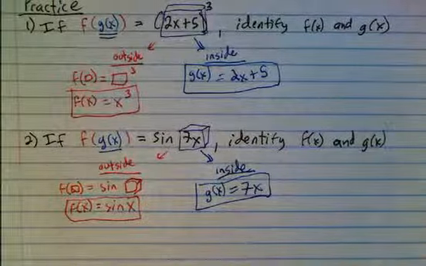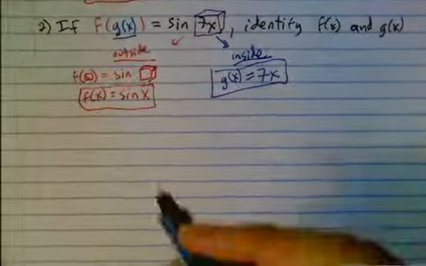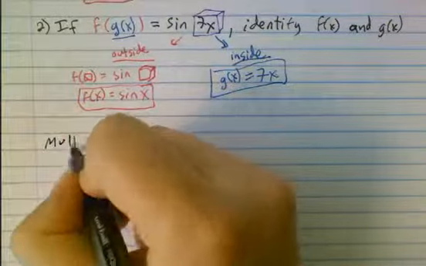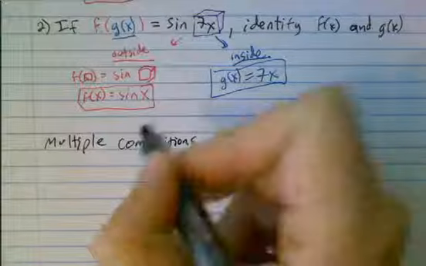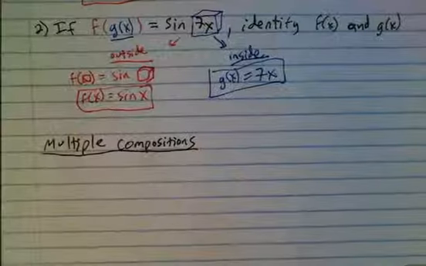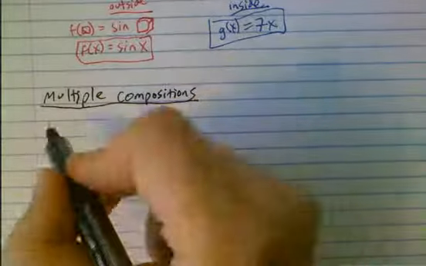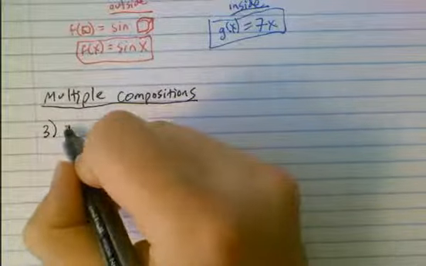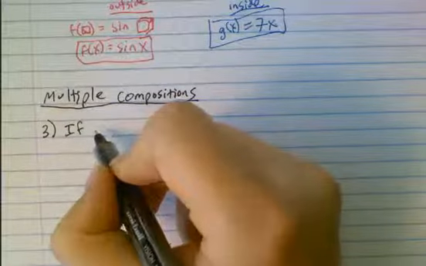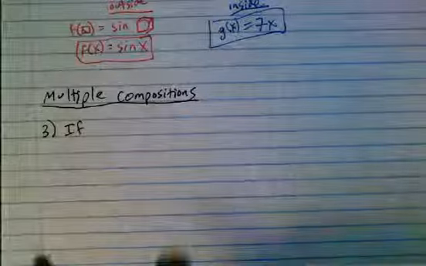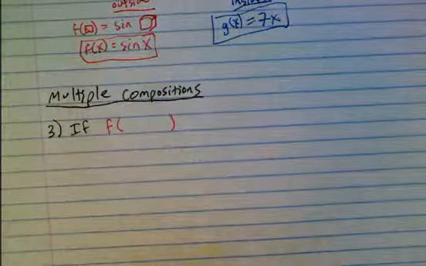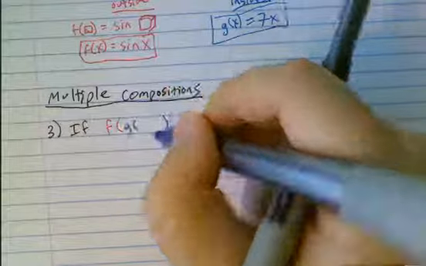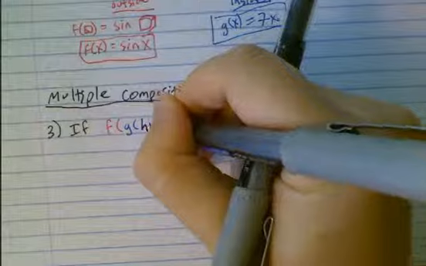Now, in addition to doing this, we can also do multiple compositions. So let's say that we had something like f of g of, I'll bring purple into play here, h of x.